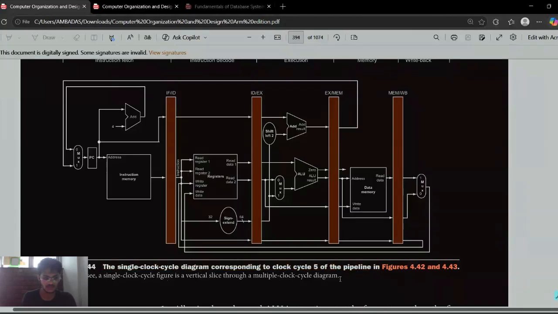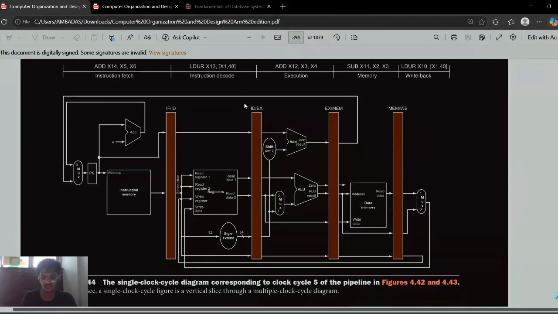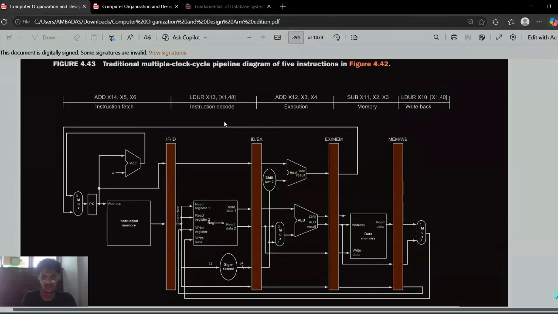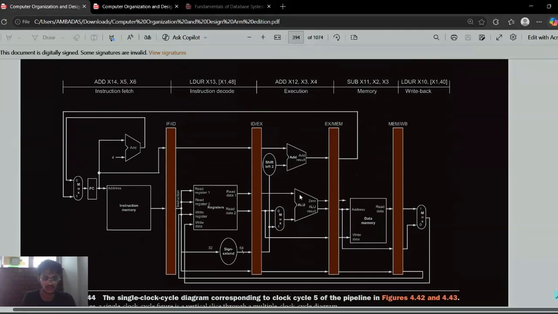This figure, as you can see, in a single clock cycle, figure is vertically sliced through a multiple clock cycle diagram. This is diagram for multiple clock cycle, and this is for single clock cycle.